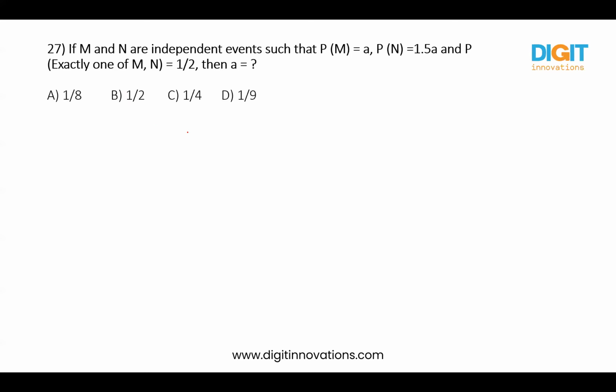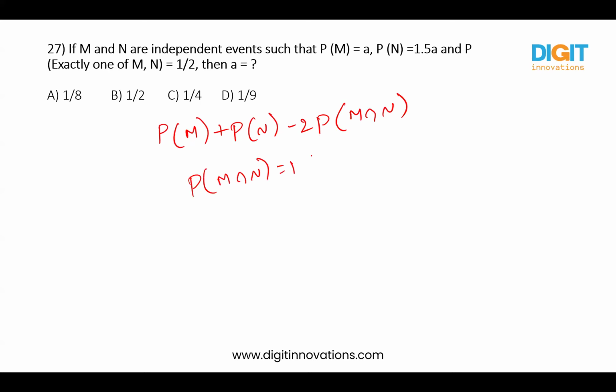So the probability of exactly one occurring, I'm using the formula P of M plus P of N minus 2 P of M intersection N. We already have P of M as a, P of N as 1.5a.